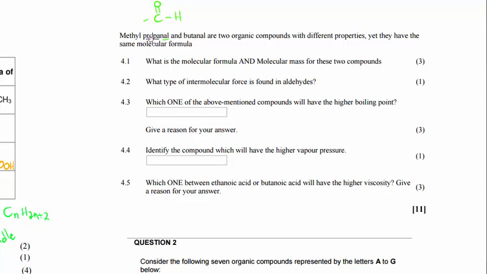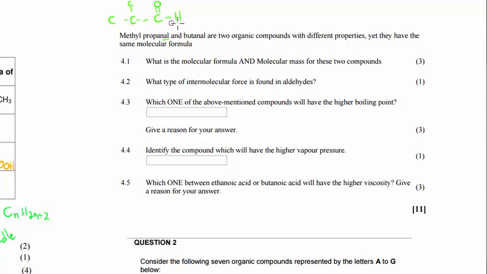And then propanol means there's 3 carbons. Okay, methyl means there's a branch on the first carbon because it's not written, but I can't put a branch here. Then it wouldn't be methylpropanol, it would be butanol. So you can't have a branch on the first one, it must be on the second one.